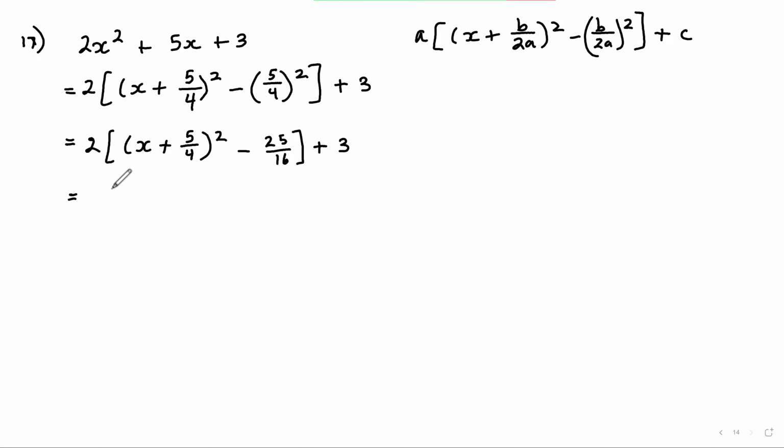And then exactly the same thing. I'm going to be multiplying 2 by 25 over 16, so that would give me 3 and 1 over 8, yes, plus 3.